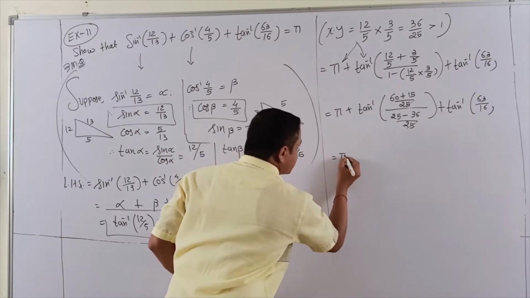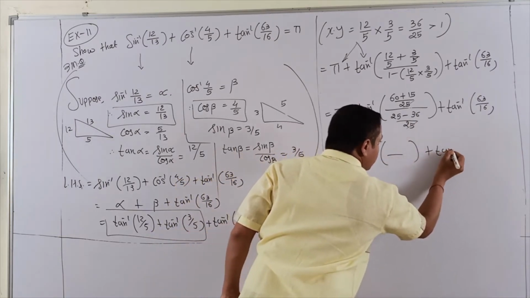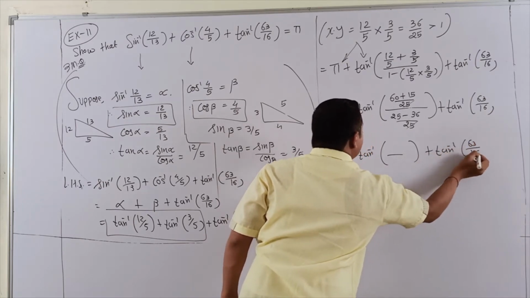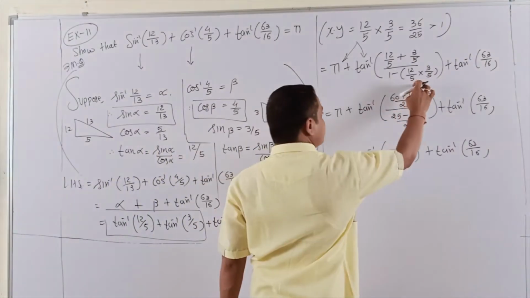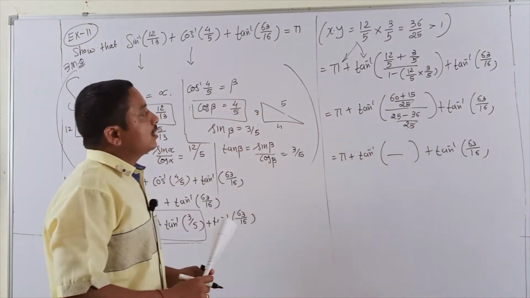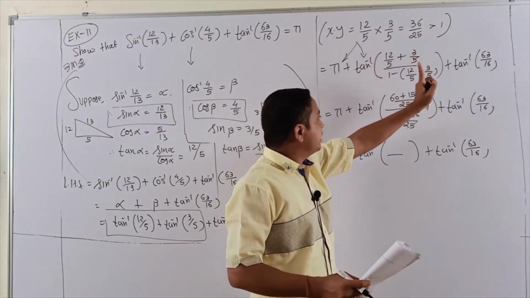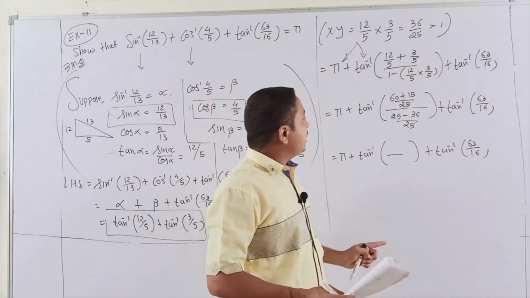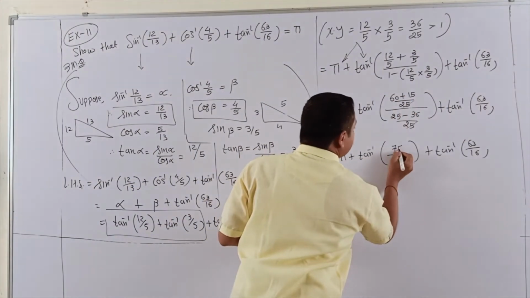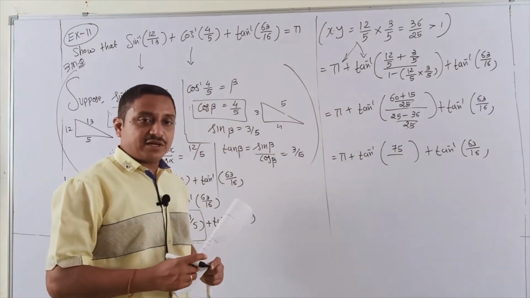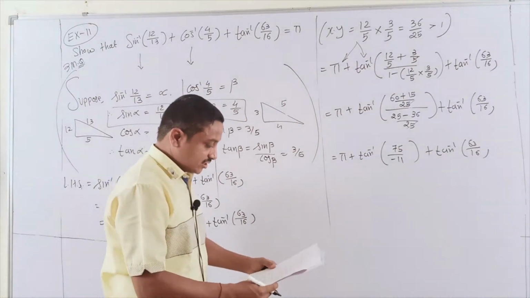Both values cut, 63 upon 60. How much? 60 plus 15? Students, I think it is my mistake here. 12 times 5 is 60 and 5 times 3 is 15. And that will be 5 by 25 minus 26. Yes, correct, 60, 70, 75. And here how much? 25 minus 16? Yes, it is minus 11. I think there is some mistake in the question.